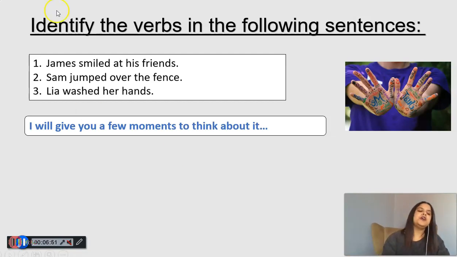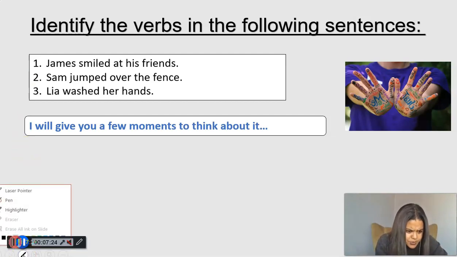So, in the first sentence, we have James smiled at his friends. Remember, in order for us to identify the verb in the sentence, we can ask ourselves, can I? So for the purposes of explaining again, I'm going to use each word of the sentence and ask myself, can I? Can I, James? No. So I'm going to put a scratch through James, okay?